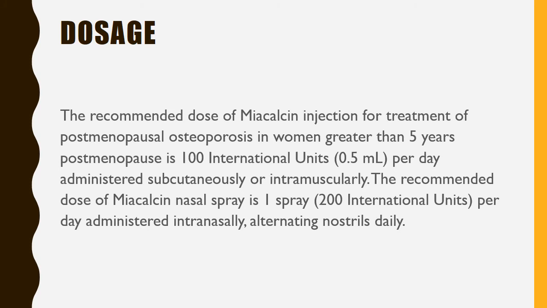The recommended dose of Miacalcic nasal spray is 1 spray, 200 international units per day, administered intranasally, alternating nostril daily. It's called Miacalcic, but in some countries it is Miacalcin, so don't worry about the C and N. Miacalcic or Miacalcin is the trade name; calcitonin is the scientific name.